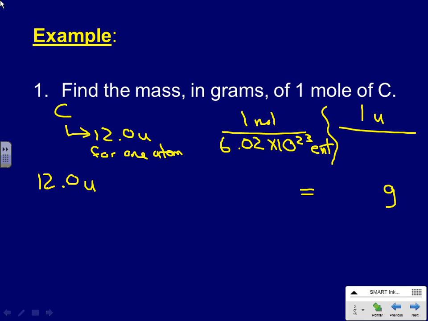It's on your chart, but you don't really need it. It says 1.66 times 10 to the minus 27 kilograms, the atomic mass unit. I want it in grams. 1.66 times 10 to the minus 24 grams. Okay?